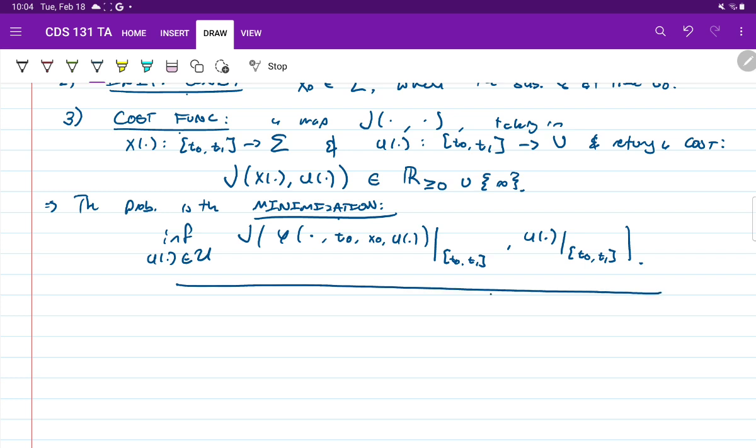Okay, so our goal is effectively saying, I'm giving you this cost function, I'm giving you a dynamical system with some input signal space. Now what I want to do is minimize the cost function, which will be a function of the trajectory of my system on the interval [t0, t1], and a function of the input signal on this interval [t0, t1].